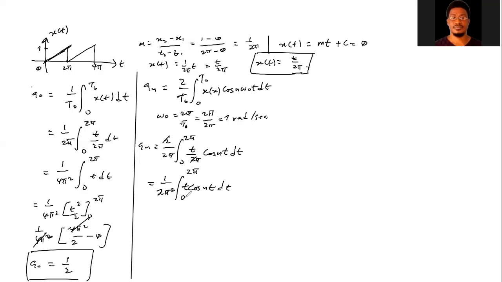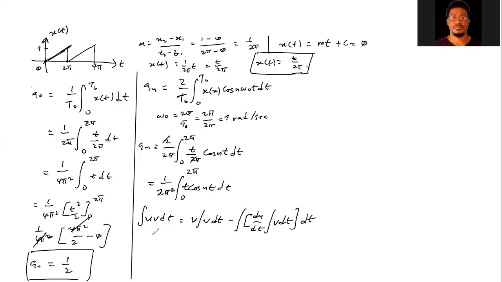And now that we have t cos nt dt, we can actually use integration by parts, which is integral u v dt, the same as u integral v dt minus integral of du dt times integral v dt, dt.